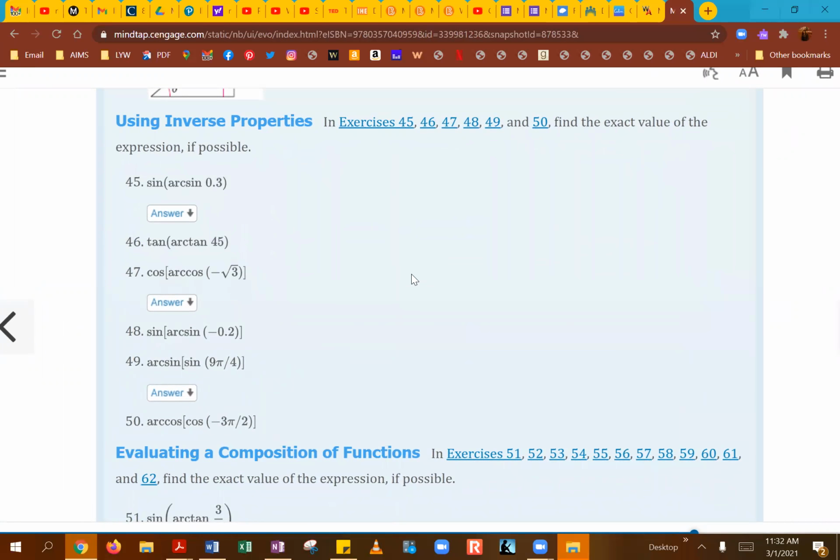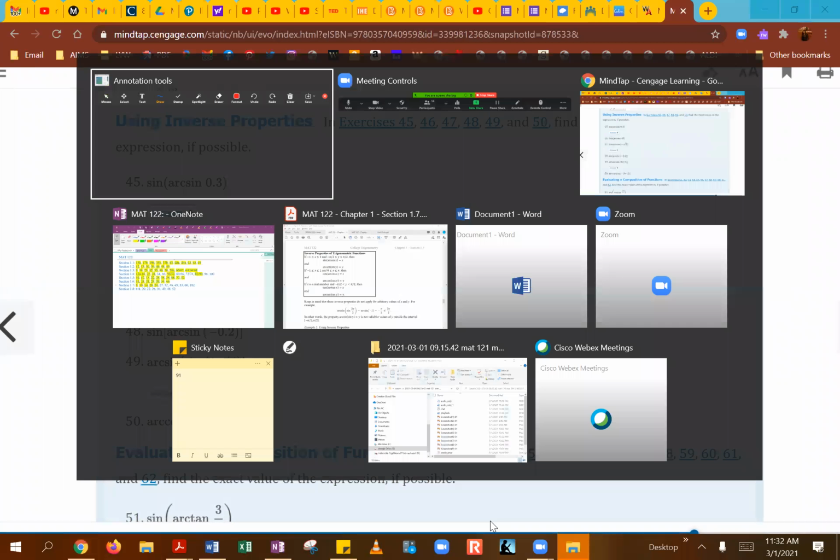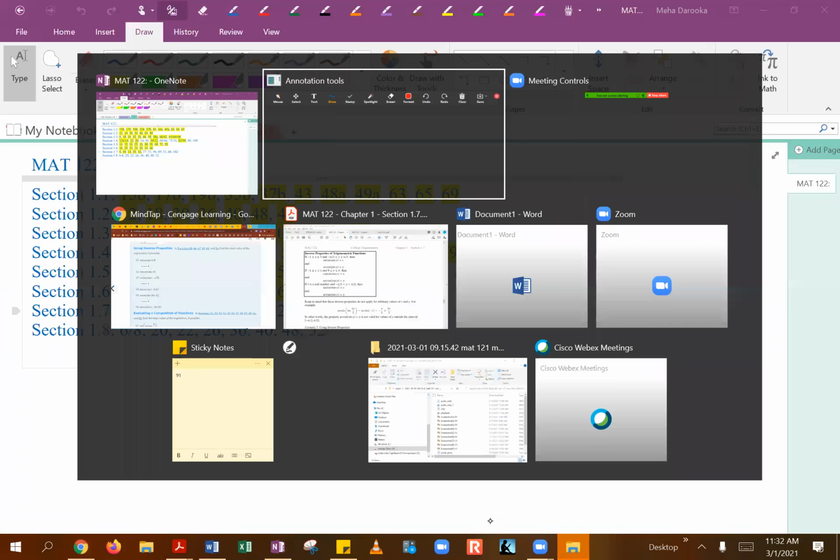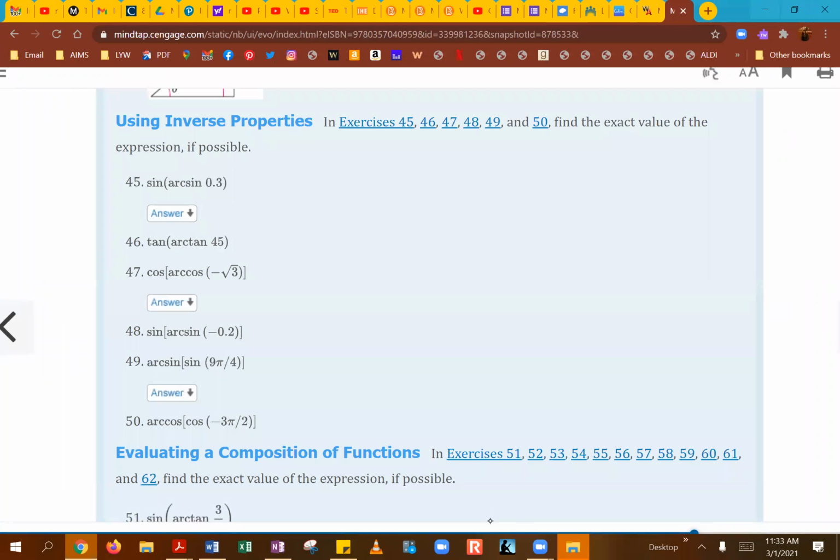So let's take a look at this one. We are doing number 46. Okay, so as you can see, this is a composition between tangent and arctangent of 45.